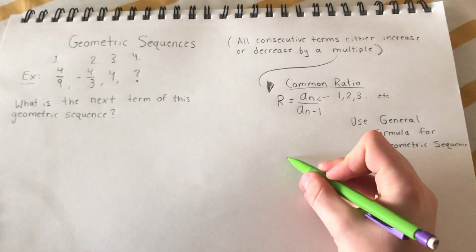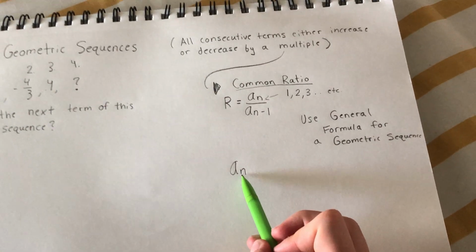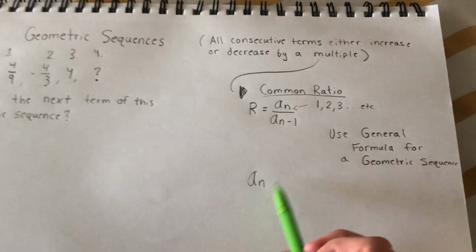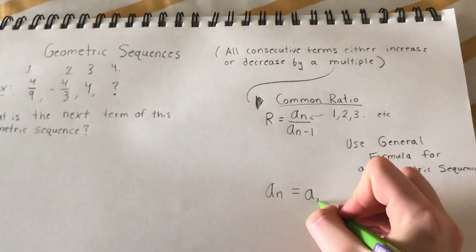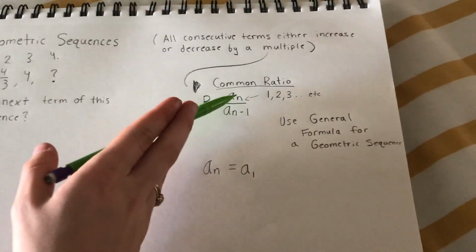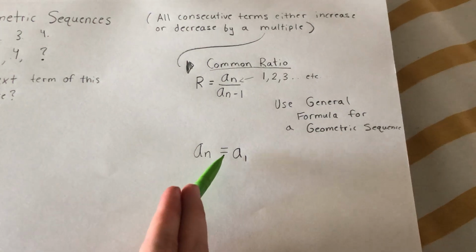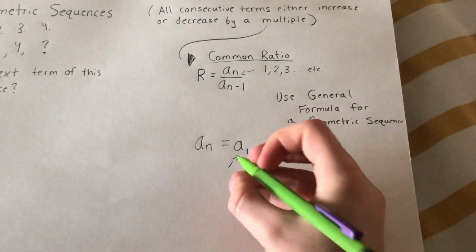And this formula is going to be an, because no matter if it's the first term, second term, third term, fourth term, whatever it is, just generally speaking, an is going to equal a1. And remember that n denotes what term it is. So the general term, an, is going to equal the first term. Let me just write a little note for you guys.